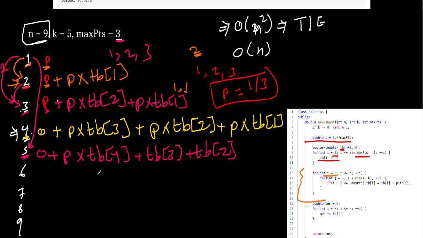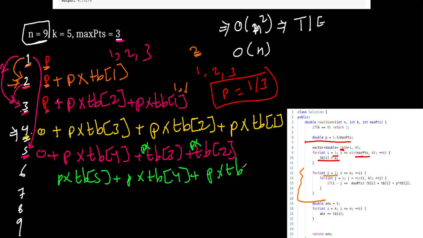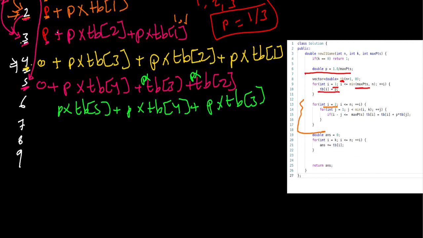Now for 6 the same, tb of 5 plus p multiplied by tb of 4 plus p multiplied by tb of 3, and so on.